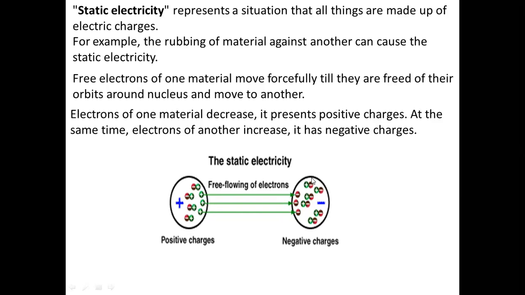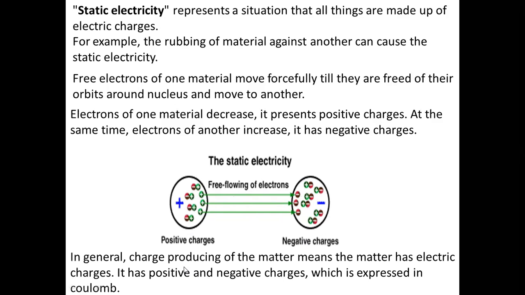And this atom gets negative charge. Why? Because negative electrons have gone there and increased the negative charge. In general, charge production in matter means the matter has electric charge. It has positive and negative charge, which is expressed in Coulomb.